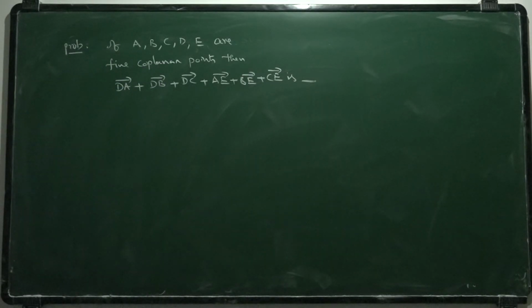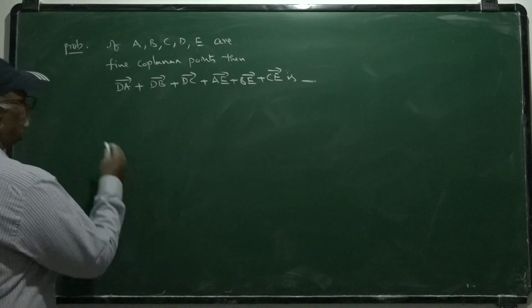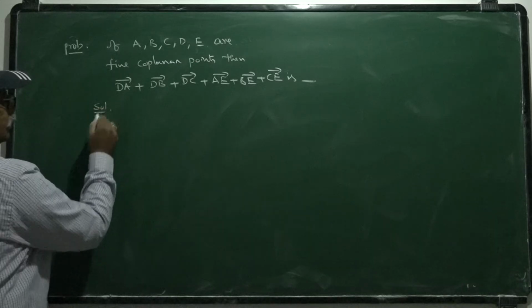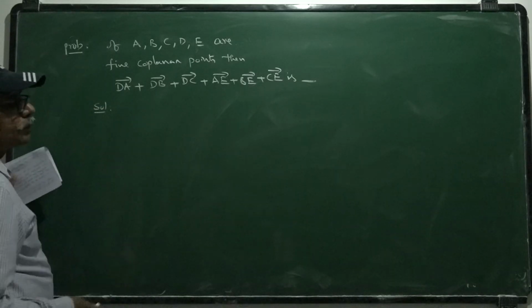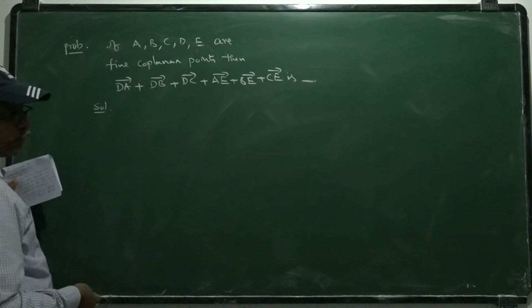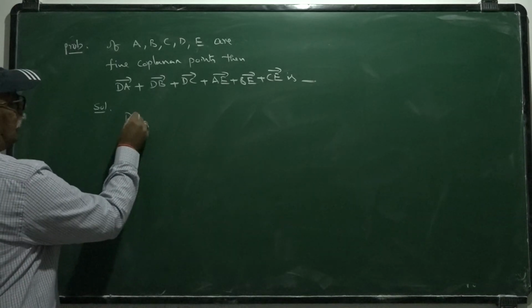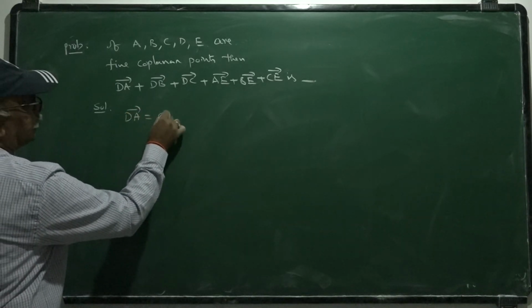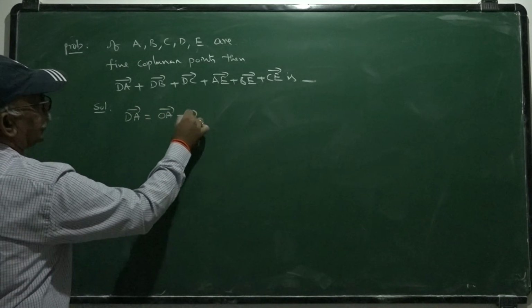If A, B, C, D, E are 5 coplanar points, then find the sum of the vectors DA, DB, DC, AE, BE, CE. In such case, resolve the vectors into their position vectors. DA bar is OA bar minus OD bar here.